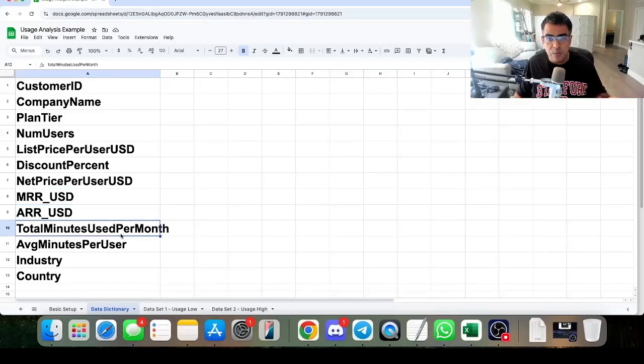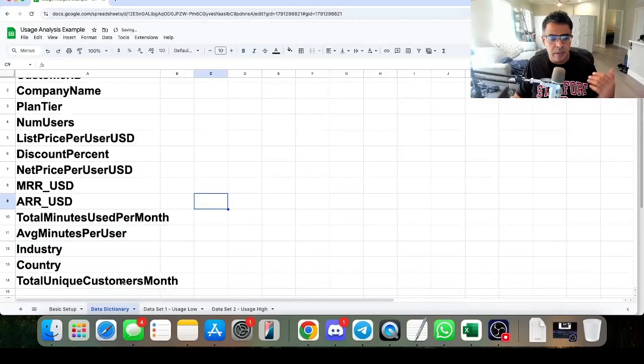Now, for the usage metrics that we are considering: total minutes used per month, average minutes used per month, industry, country, and we're also going to have the other metric that we are considering, which is the total number of unique customers per month. All right.